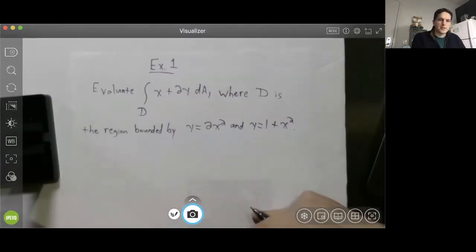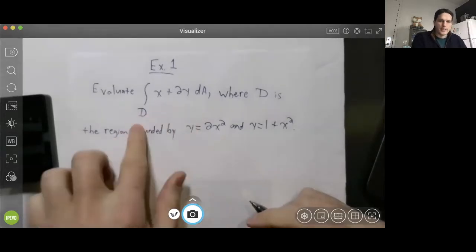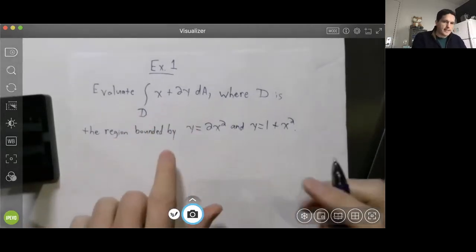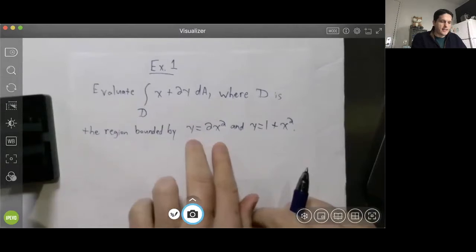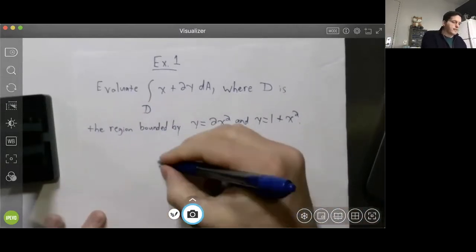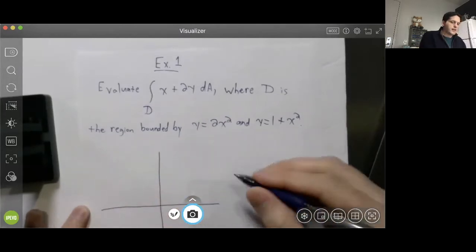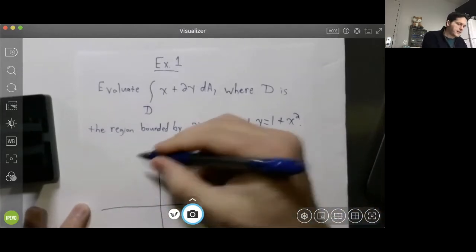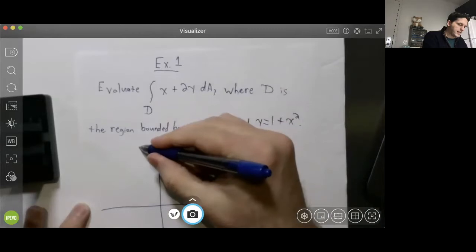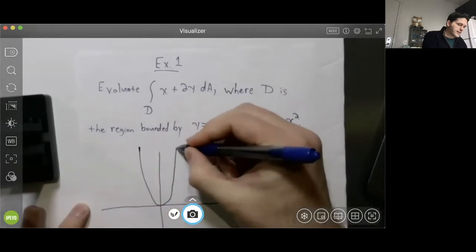So here's an example. We want to integrate this function over the region D, where D is the region bounded by these two parabolas. So let's draw a picture of this region. y equals 2x squared is a parabola that looks like this.